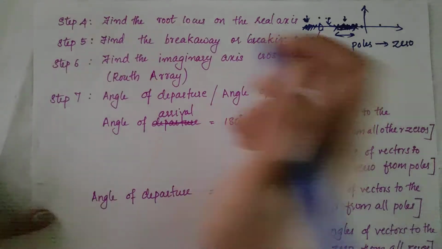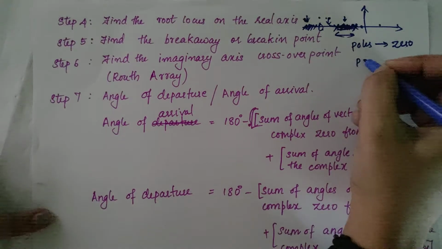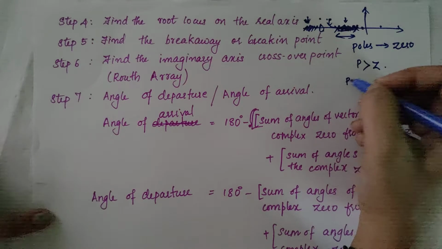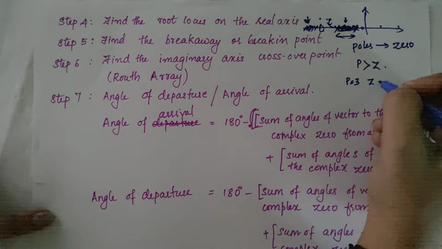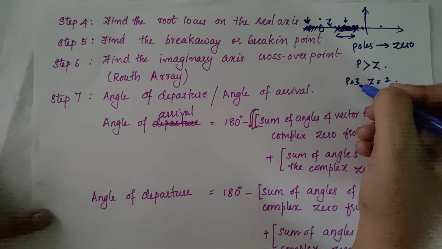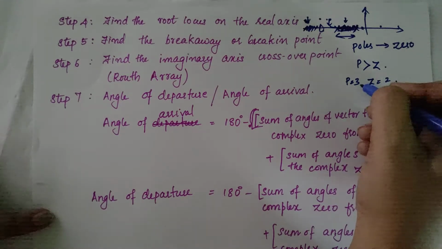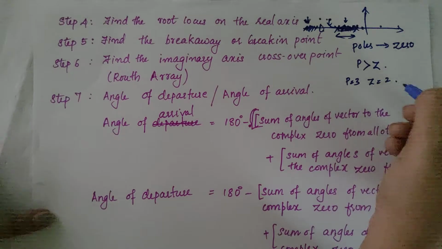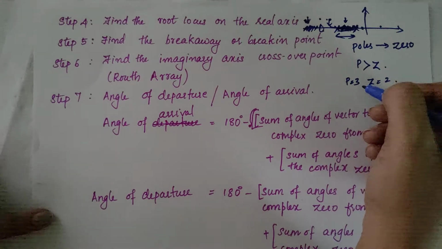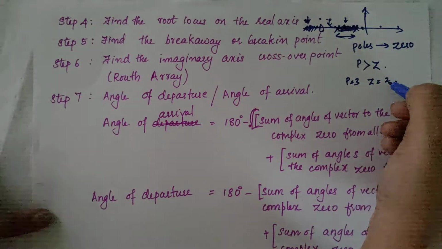If p is greater than z, that is if p is equal to 3 and z is equal to 2, then two branches start from the poles and terminate at the zeros.